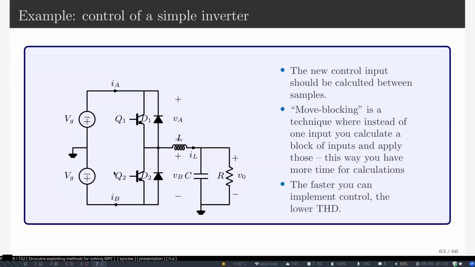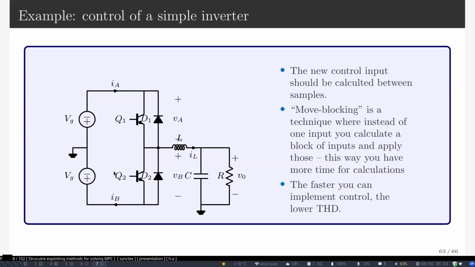Now, what are the constraints on D? D is between 0 and 1. What are the constraints on U bar? So I ended up with a dynamical system that has a very benign look to it.